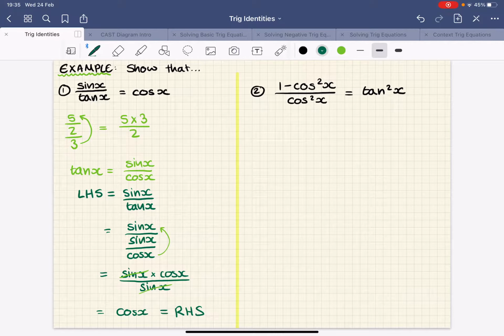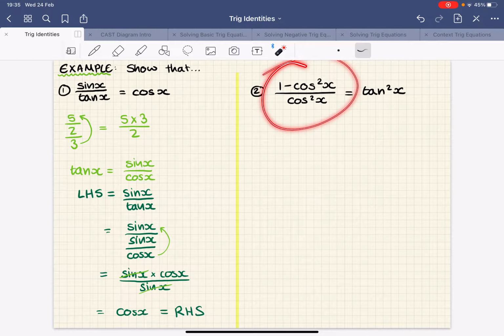So let's take a look at this next one then. So I've got 1 minus cos squared x over cos squared x equals tan squared x. The one thing to keep in mind here is this tan part is on the right-hand side. So typically we're not going to start on that side.